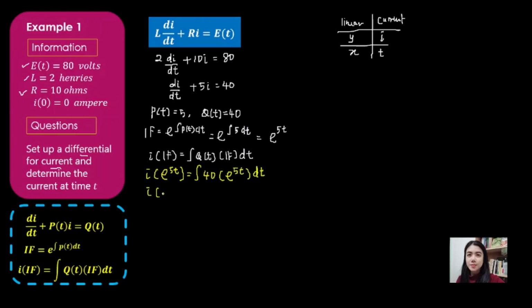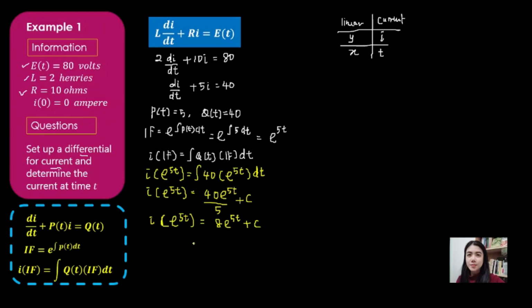Let's integrate the right hand side. You will have 40 e to the power 5t divided by 5 plus c. You can simplify this: 40 divided by 5 gives you 8. So you have 8 e to the power of 5t plus c.